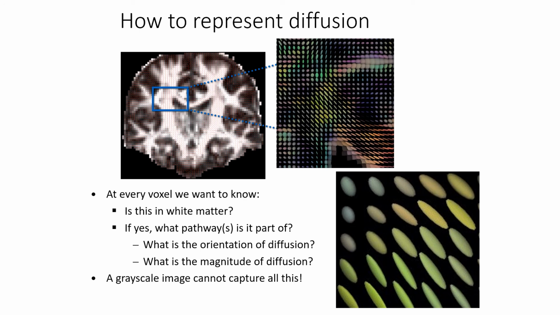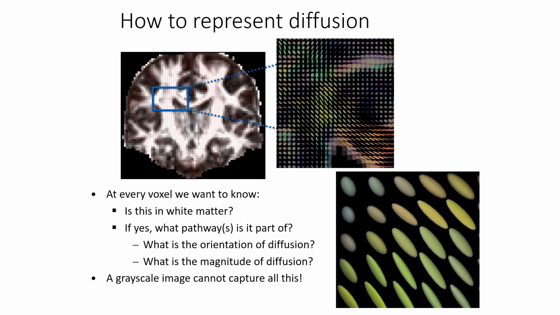So what's the orientation of the diffusion? What's the magnitude? What direction does it look like the water is going, and how quickly is it getting there? Again, is it on an interstate, or is it on some small local road where there's a lot of traffic, or that's very narrow and not a lot of movement?